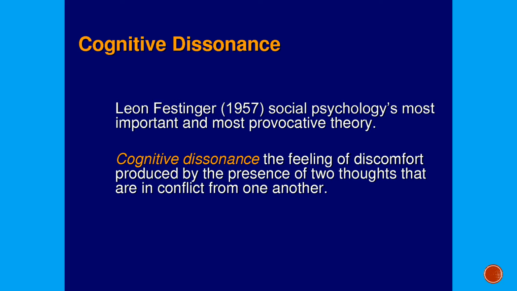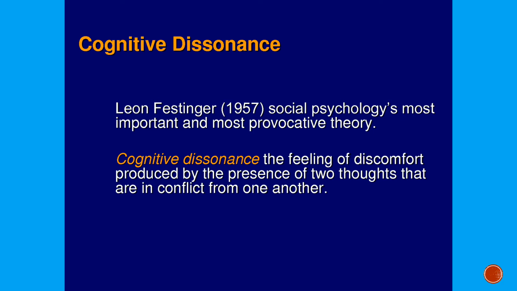Cognitive dissonance theory is one of the most influential theories, not just in social psychology, but in all of psychology. It was proposed by Leon Festinger in 1957, and the short version is that cognitive dissonance is something that we feel.